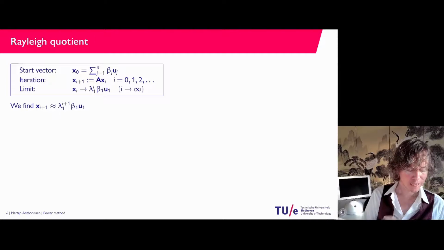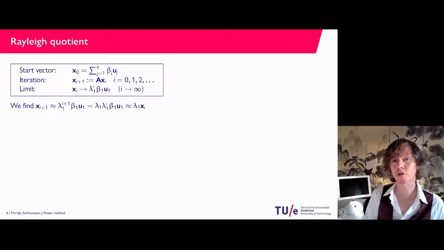So in particular, we have that xi plus 1 is approximately this lambda 1 to the power i plus 1 beta 1 u1. And I can write this here as lambda 1 times lambda 1 to the power i beta 1 u1, and that is approximately equal to lambda 1, and this here is precisely xi. So apparently xi plus 1 is approximately lambda 1 times xi.